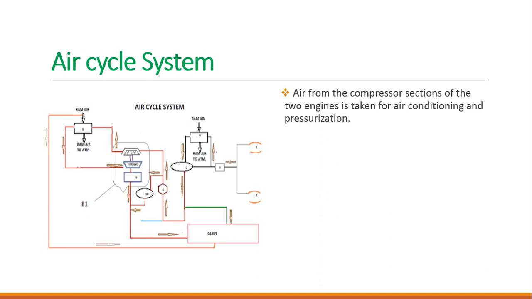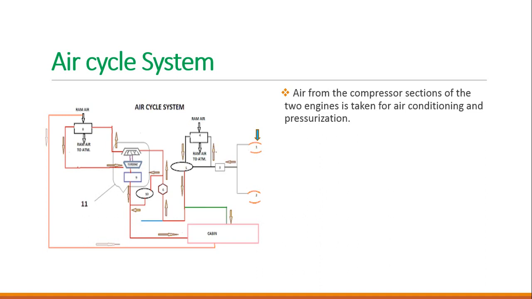It may take so much space in the aircraft itself, so it is not feasible to have such a system. So we use the bleed air from the compressor of the engine for this air conditioning and pressurization system.